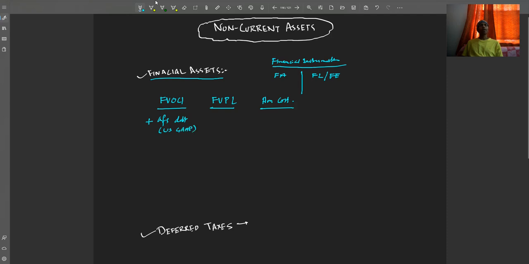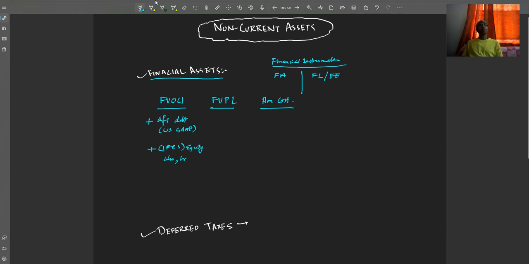US GAAP allows this, but it does not allow any equity to be in this category, fair value through other comprehensive income. Under IFRS, certain equity instruments can be included in this category if at the initiation or at the time of acquisition they are categorized in this category in an irrevocable manner.